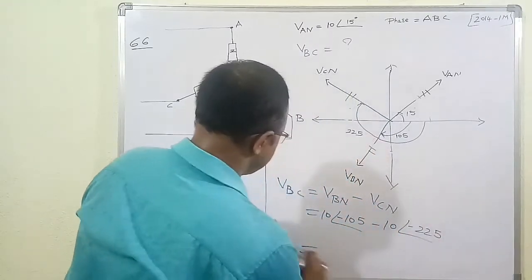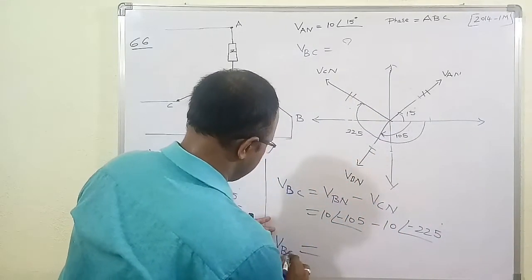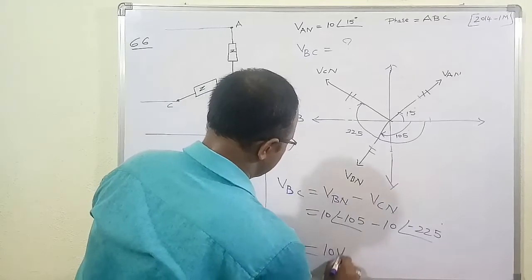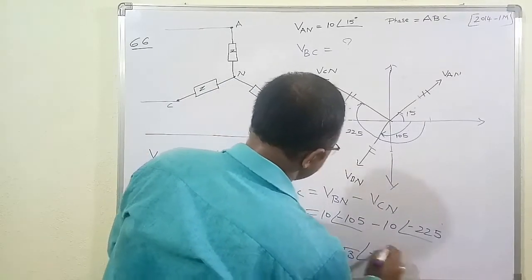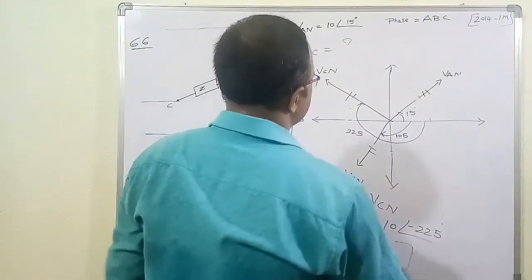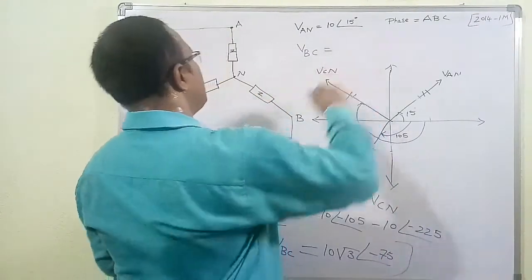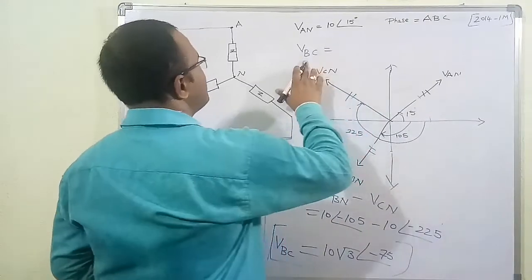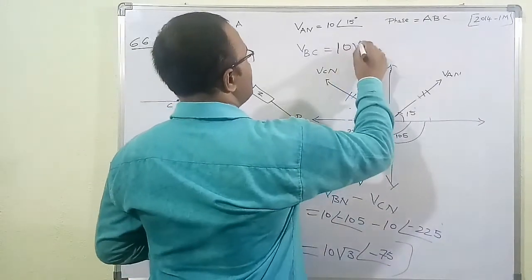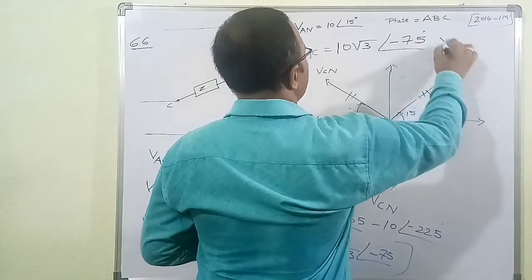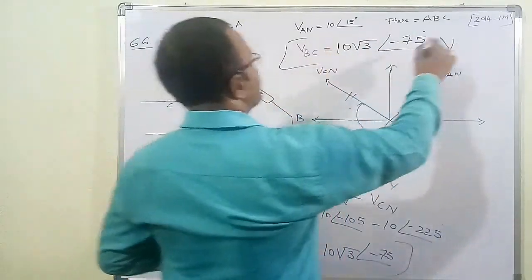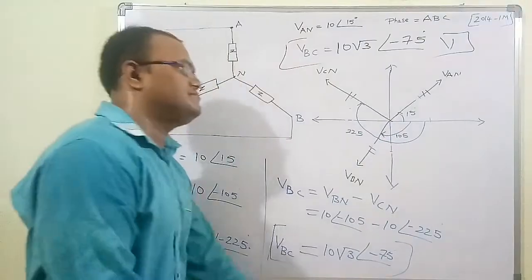If you do the calculation, finally we get VBC equal to 10 root 3 angle minus 75 degrees. This is our final result. The line voltage of B with respect to C is 10 root 3 angle minus 75 degree volts. This is the required solution of this numerical.